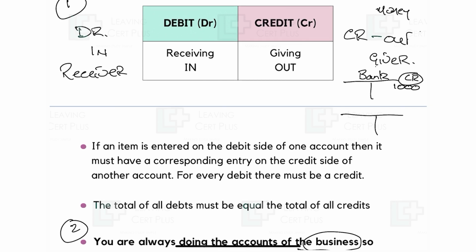And this is going for rent, so you debit the rent, because that's where it's going, over here on the debit side, €1,000. So: credit the giver, debit the receiver.